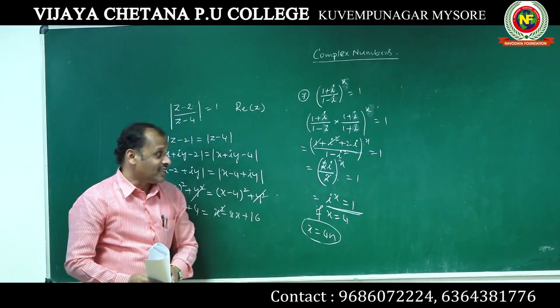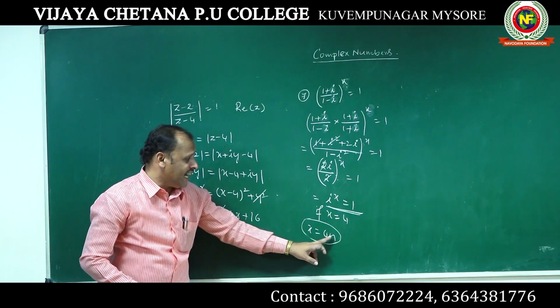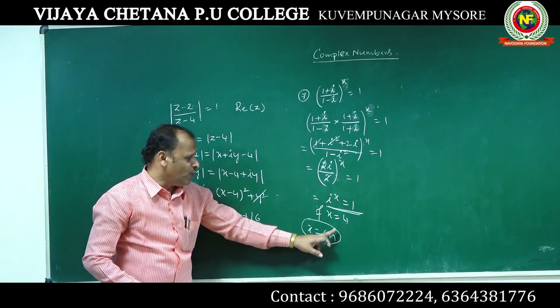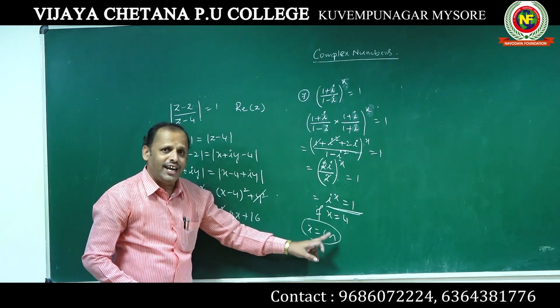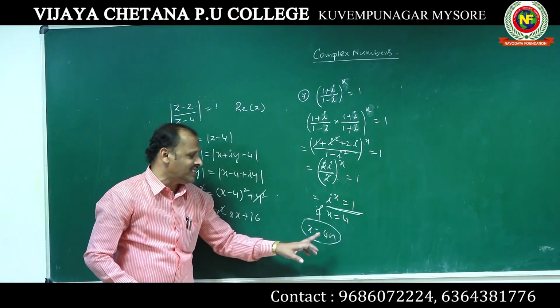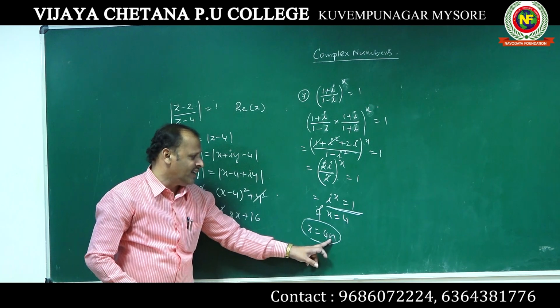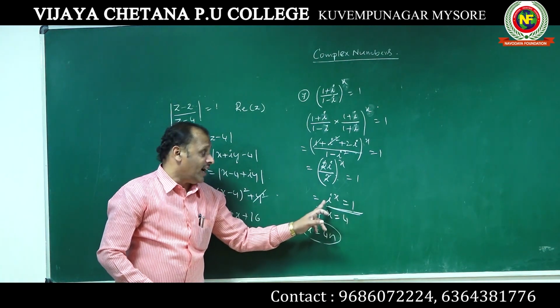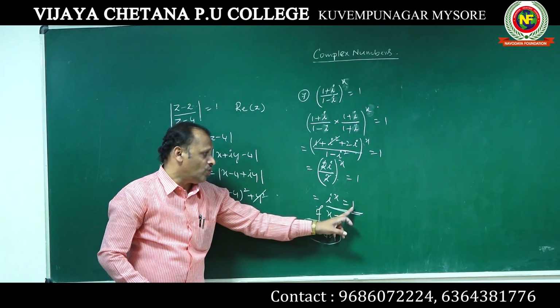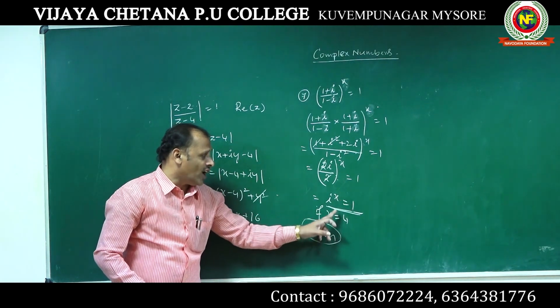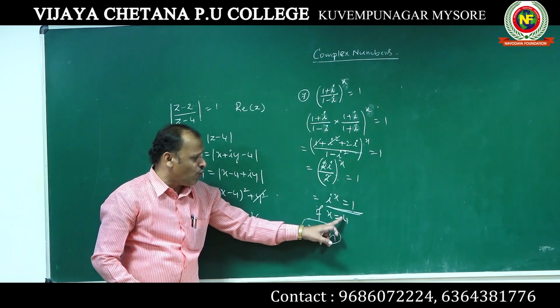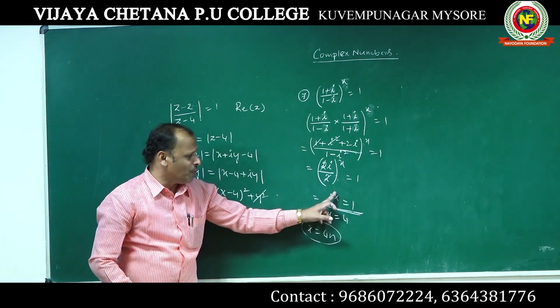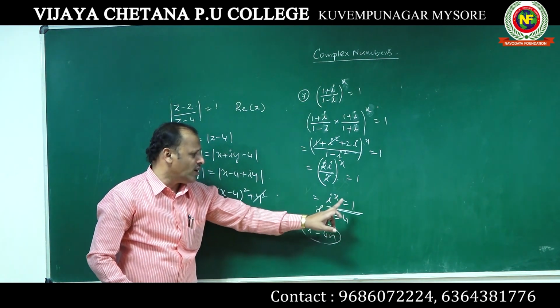This is the right answer, because in the place of n, if you substitute 1, 2, 3, 4, 5, 6, whatever it is, we are getting 1. i to the power x is equal to 1. Of course, when x value 4 is substituted, i to the power 4 is equal to 1.